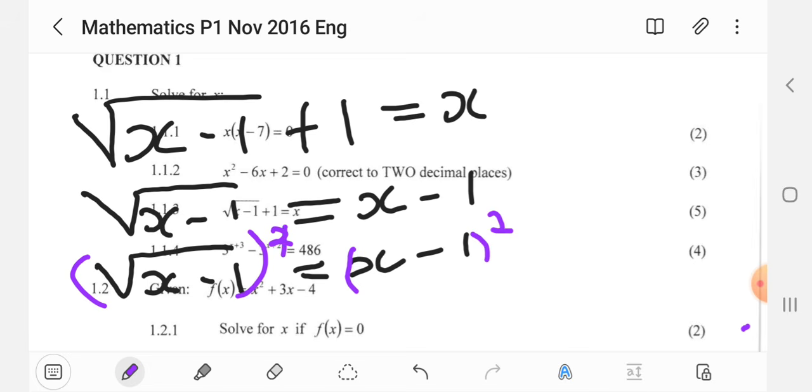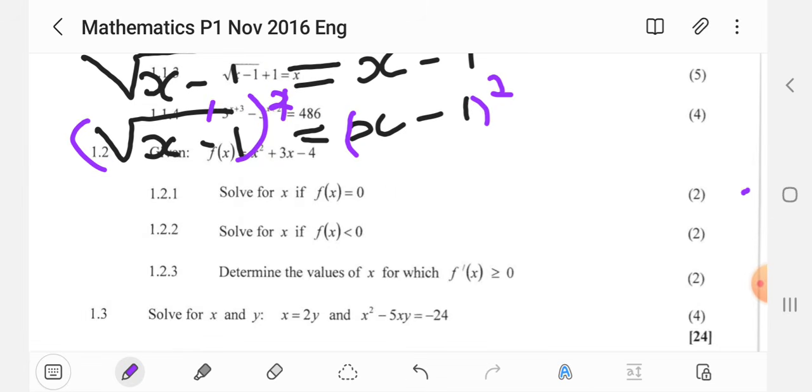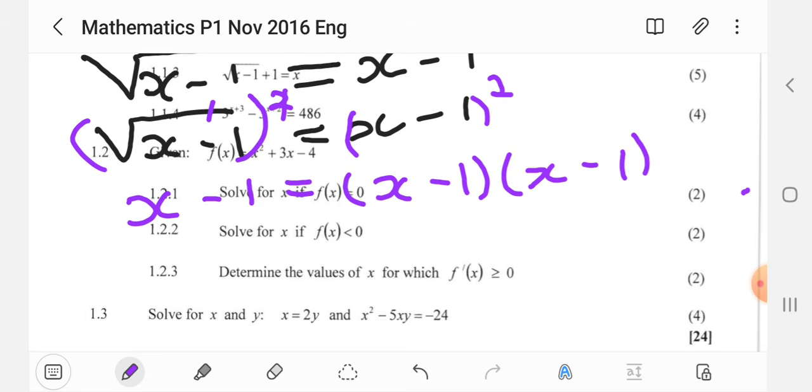So the square and the square root will cancel each other, and then when they have cancelled each other, here you have x minus 1, and then equals x minus 1 times x minus 1, like that.